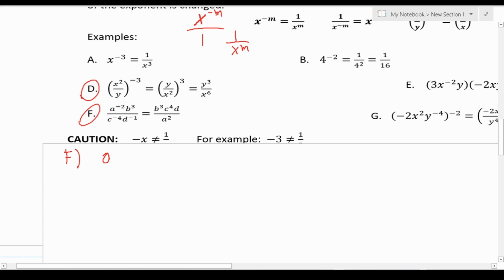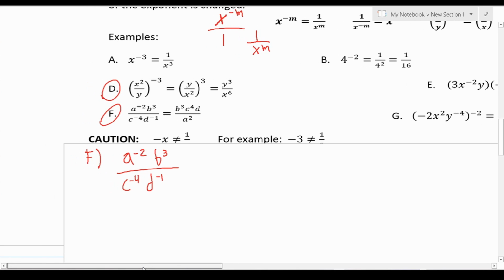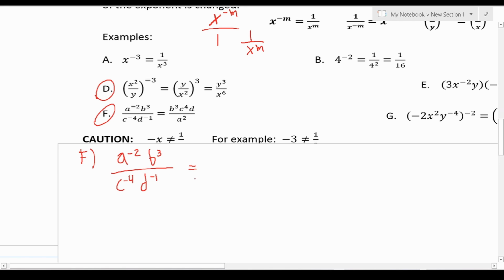This is a to the -2, b to the 3rd, c to the -4th, d to the -1st. So at first glance, you have to say to yourself, what do I have going on here? And again, as I mentioned, you cannot leave negative exponents in your answer.